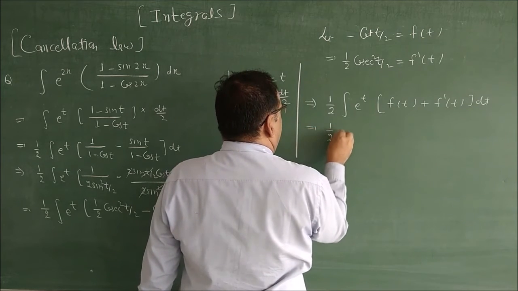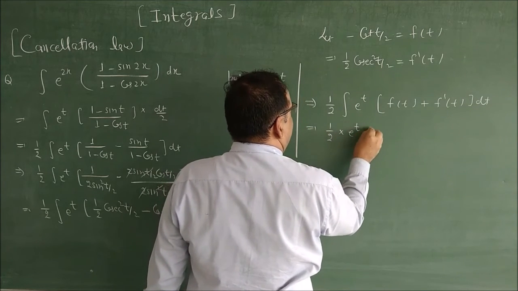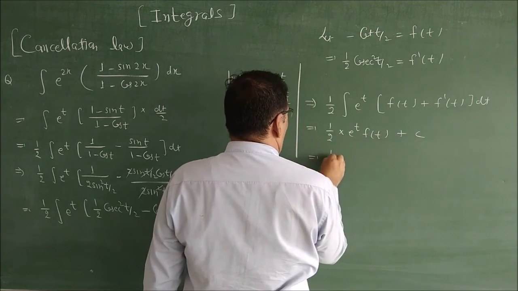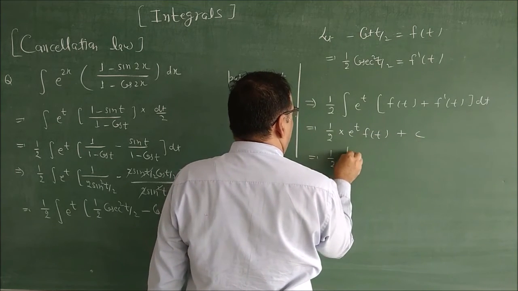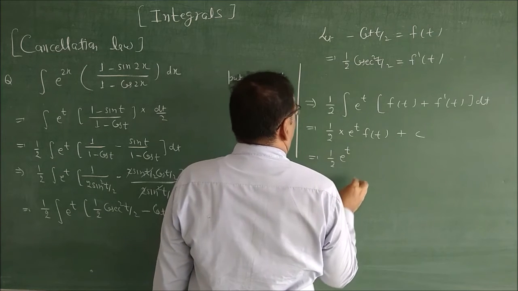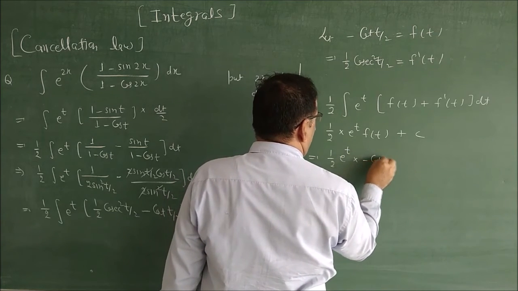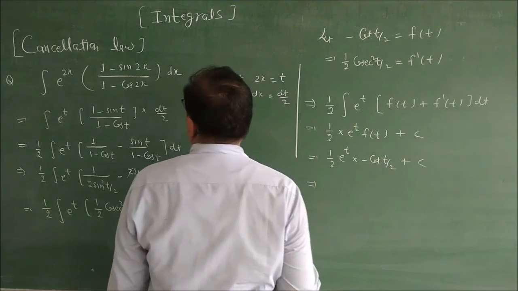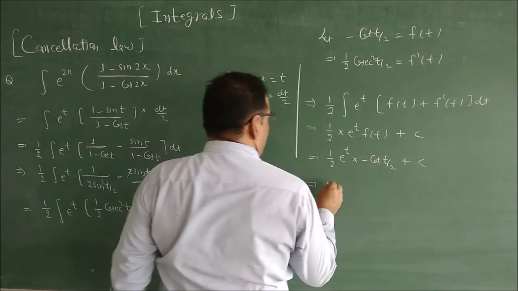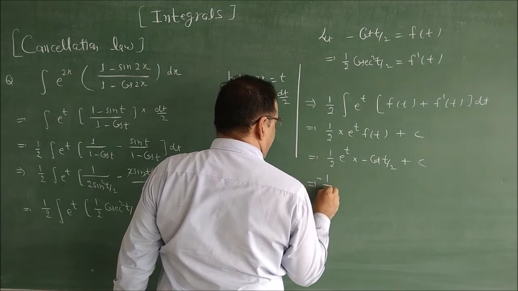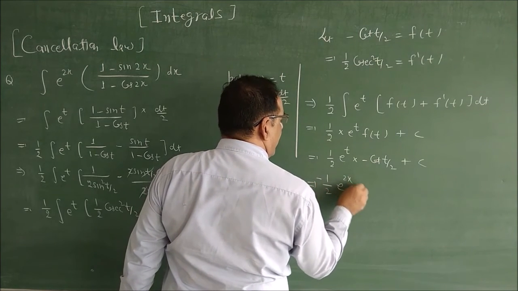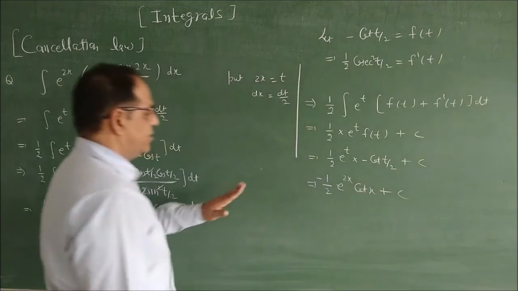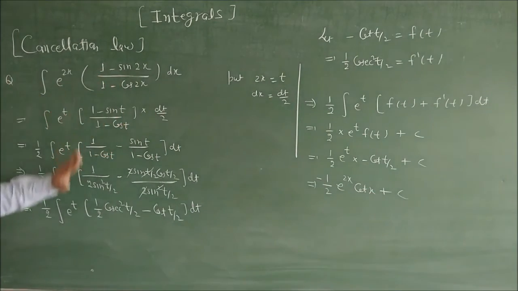So the solution is e to the power t f(t) plus c, that is 1 upon 2 e to the power t, what is f(t)? f(t) is minus cot t by 2, plus c. Now again replace t, and t is 2x here, so it is minus 1 upon 2 e to the power 2x cot x plus c. This is the solution of this question.